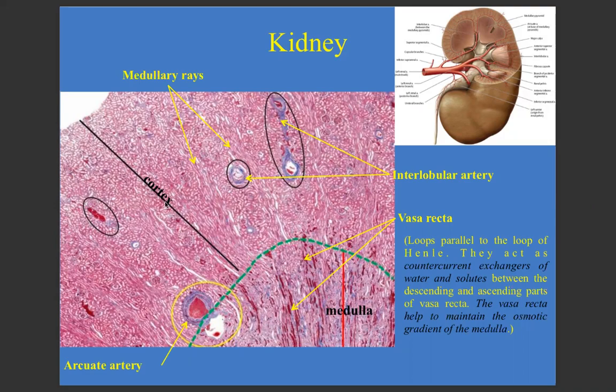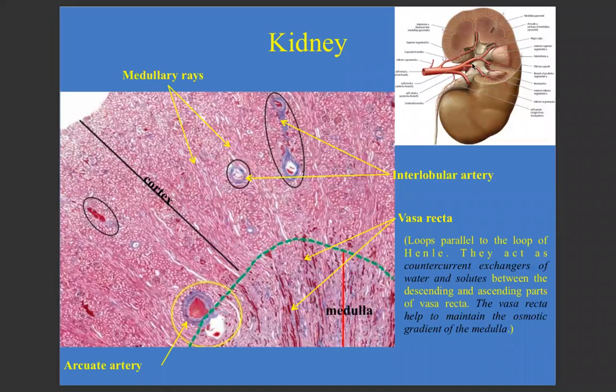So these structures are present mainly in the cortex, and here we have the medulla. Also, when we are looking at the section with small magnification, we can find some vessels in cross-section. Oh, nice. So some lumens of the vessels related to the kidney.